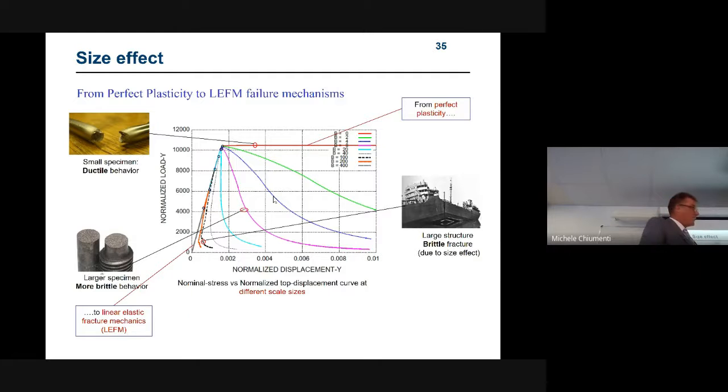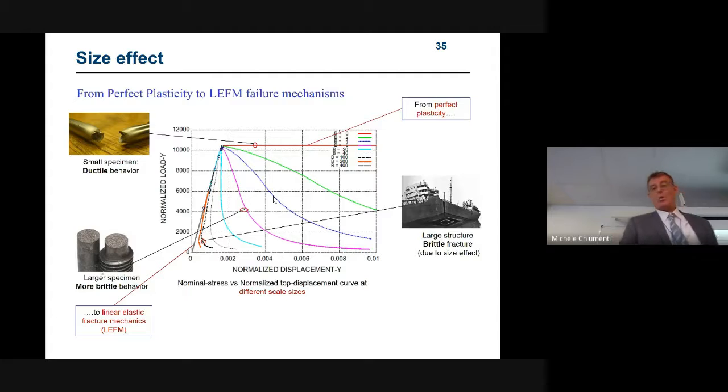Another concept is that not only is the structural behavior more brittle, but also the nominal stress looks lower. So if you expect a nominal stress to be here as in your constitutive model, the structure will break with a value which decreases according to the size of the specimen.